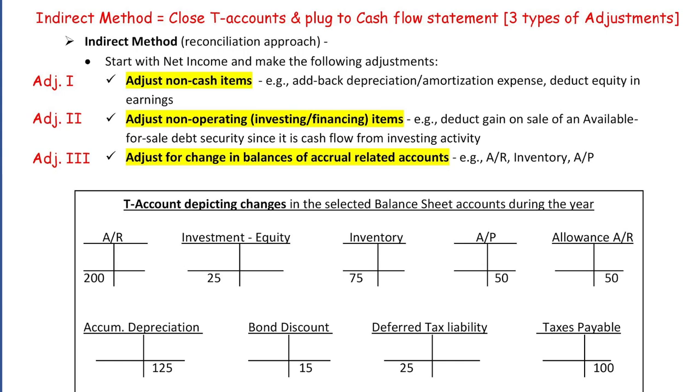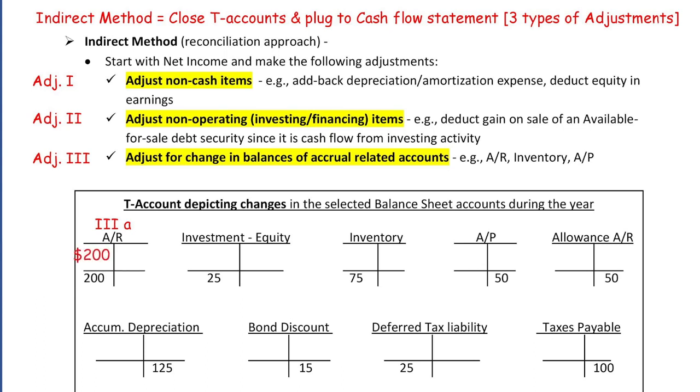Now then we have a box which contains all the T accounts depicting changes in the selected balance sheet accounts during the year. Now for easy understanding, let's start putting in the dollars and the numbers. So for accounts receivable, write 3A, so that's adjustment number 3 and it's 3A as we number it here, and write $200 on the debit.